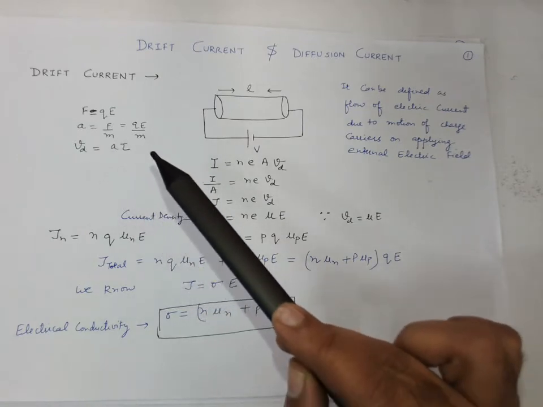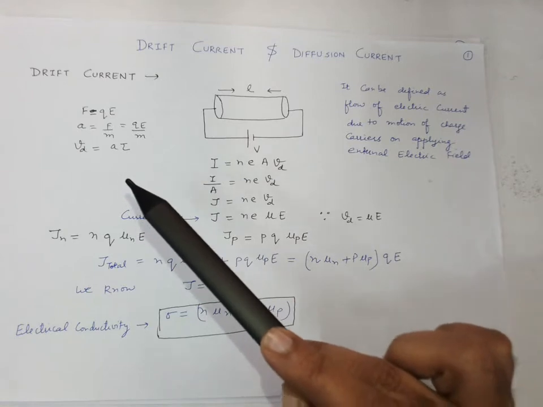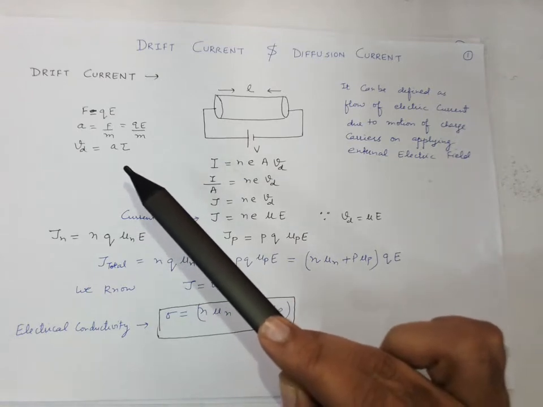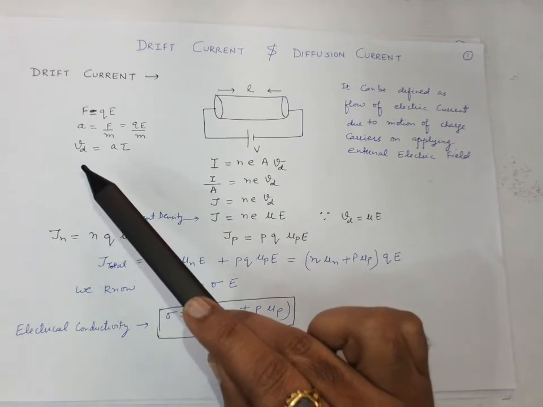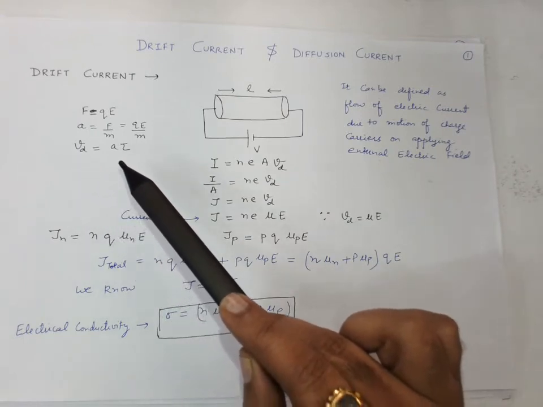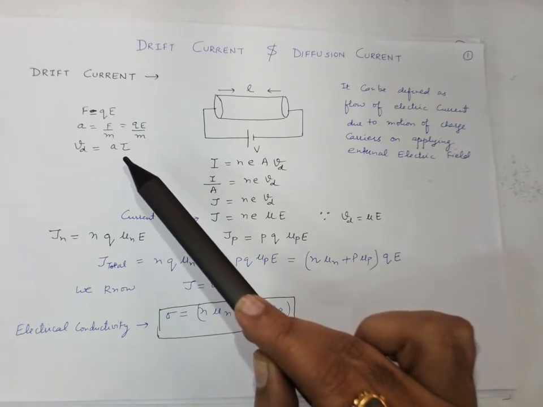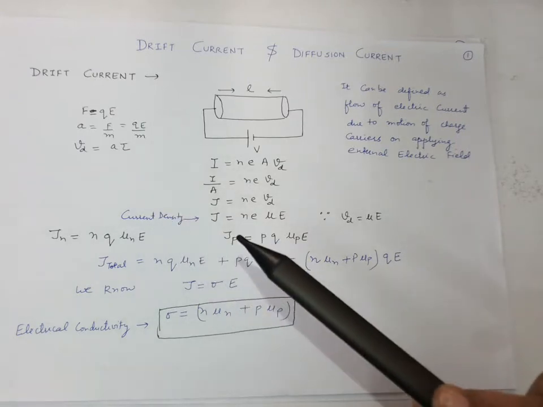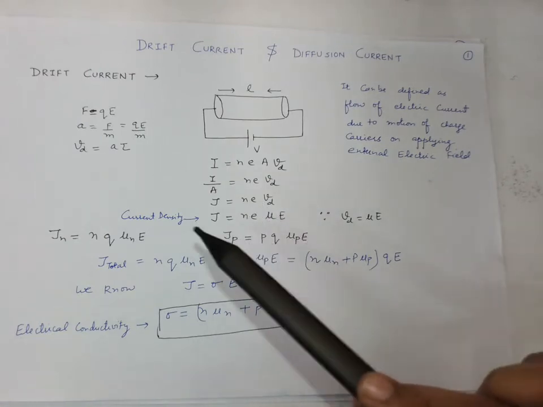Because of this acceleration, after a certain instant of time, the charged particle will start moving with a constant average velocity, which is called drift velocity. So drift velocity will be equal to acceleration into tau, where tau is called the mean relaxation time. What is that mean relaxation time? It is the time between two successive collisions.